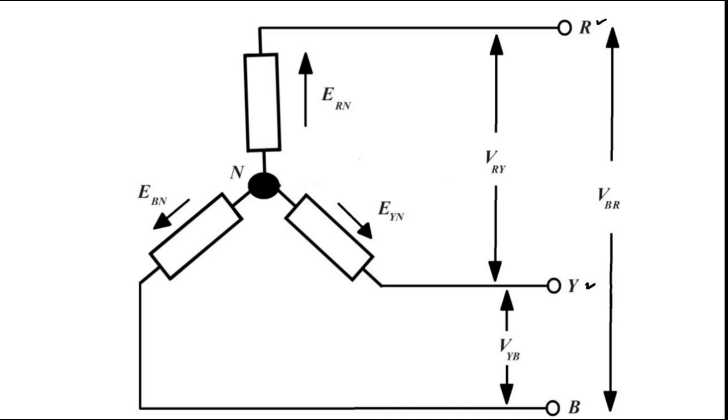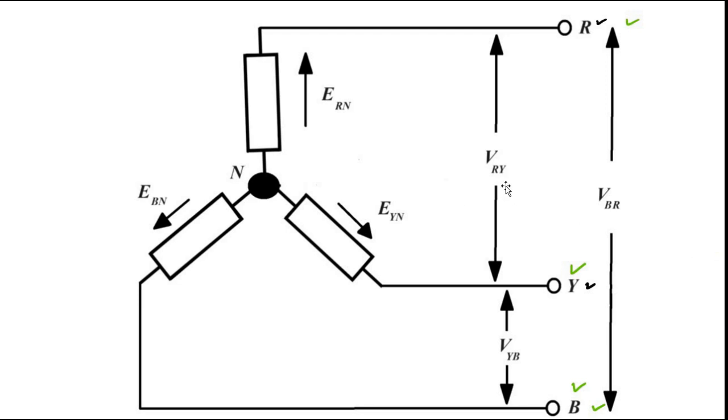This represents the voltage between yellow line and blue line, VYB. And this represents the voltage between the blue line and red line, VBR.